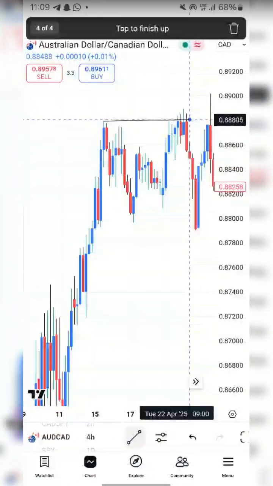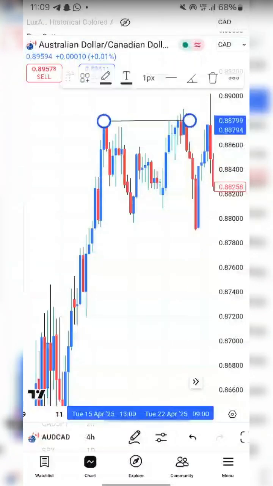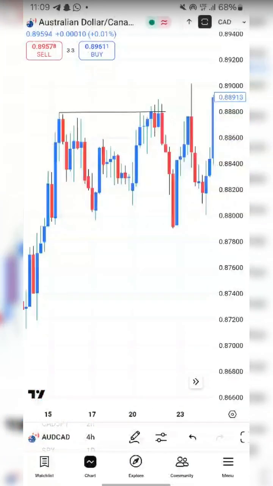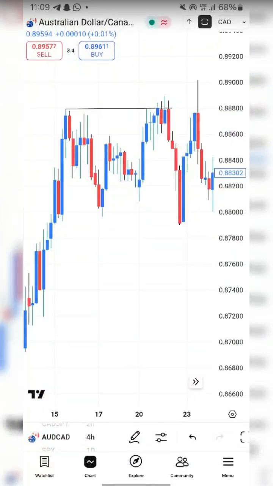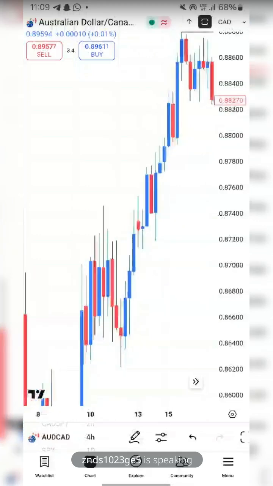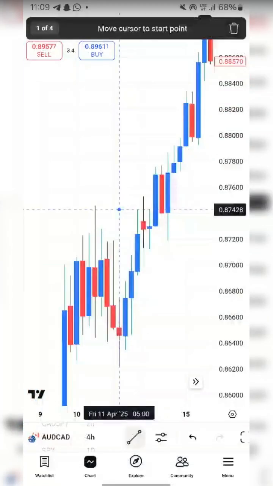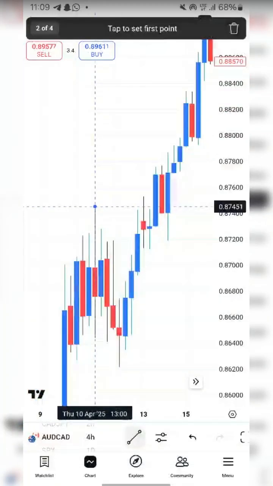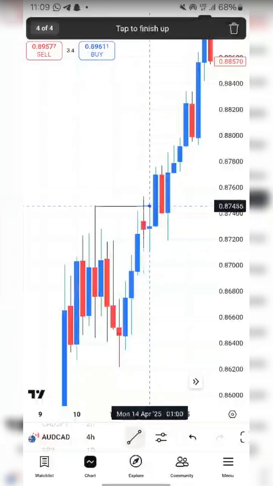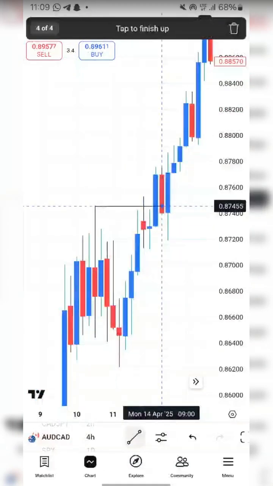See, the reason why I said it failed to break structure is because it has the wick, not the body. You understand? So for you to have a break of structure, you want to see that the market is breaking that previous zone with the body, like what we have here.